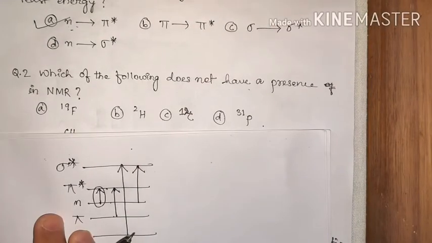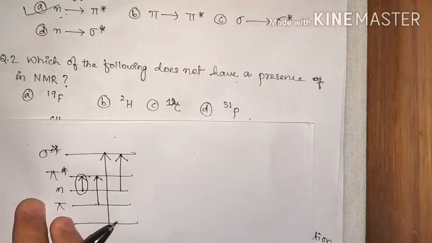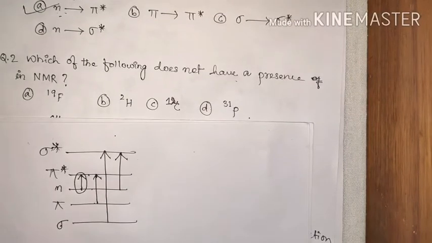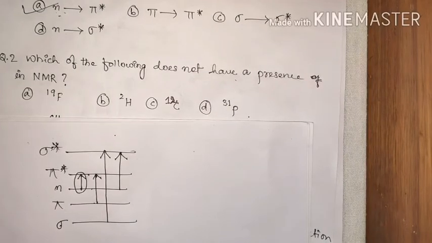NMR means nuclear magnetic resonance, and in NMR, any atom, if it wants to show nuclear magnetic resonance, has to satisfy some conditions regarding its nuclear spin, because nuclear magnetic resonance is based on the nuclear spin. So here it is asked which of the following does not have a presence in NMR.